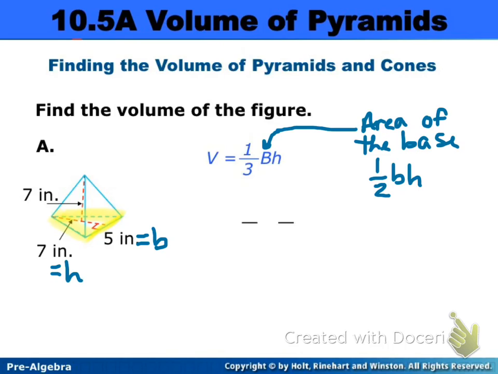But then remember that this h right here is the height or altitude from this tippy-top vertex of the pyramid straight down to the base. It's a perpendicular distance that gives me 7 inches as well. So the pyramid is as high as the triangle is, right?